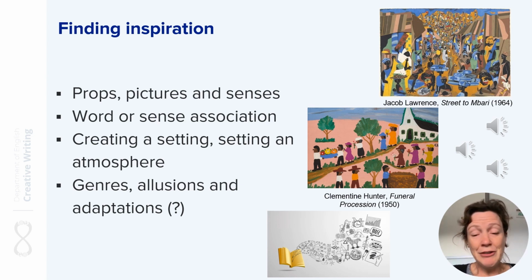Another way of generating ideas is to think about genre. And we found out in Unit 1 that specific genres contain specific types of character or storyline. So if you think, for example, of a crime story, you might think of a detective, a police officer, a criminal, witnesses, a victim, of course, maybe a murder victim, maybe not.